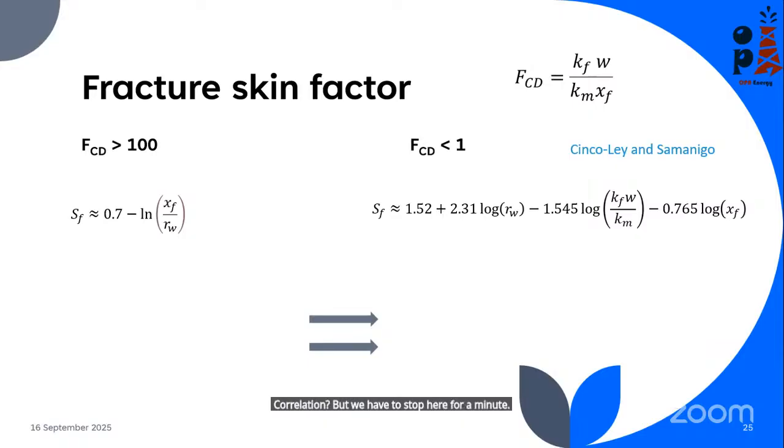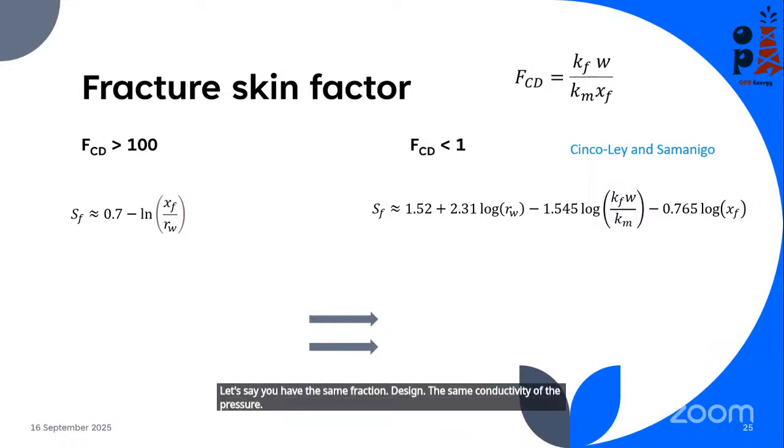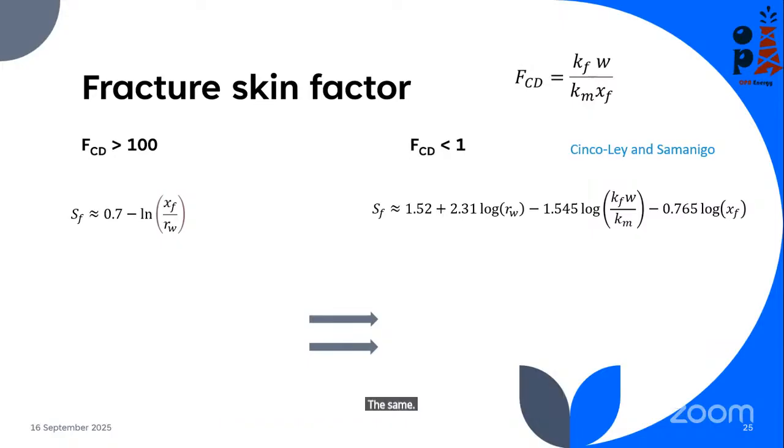Let's say you have the same fracture design, the same conductivity of the fracture, the same length, the same width of the fracture, but in two different reservoirs. One reservoir is very tight, so the Km, or the matrix conductivity, is very low.